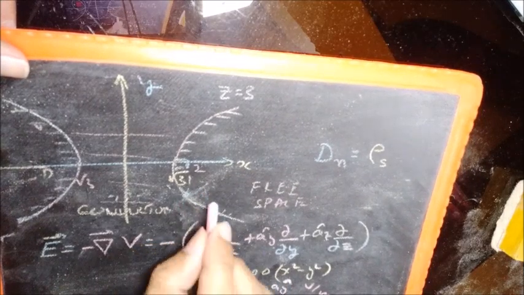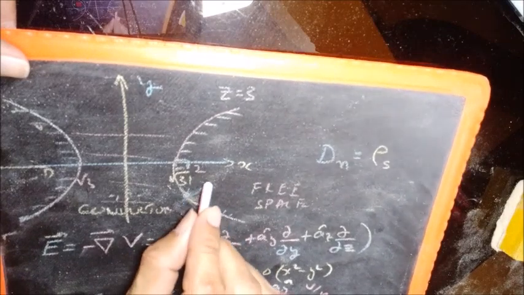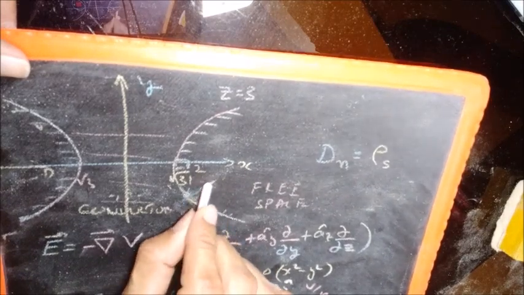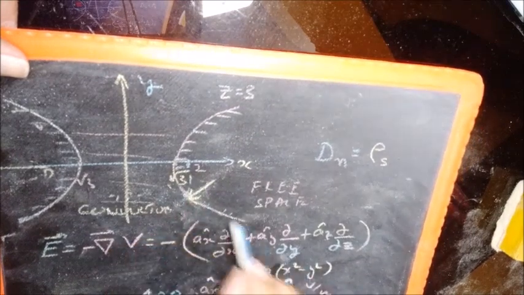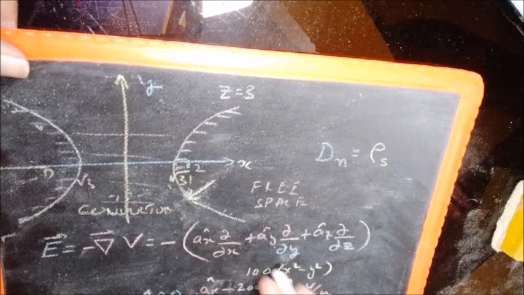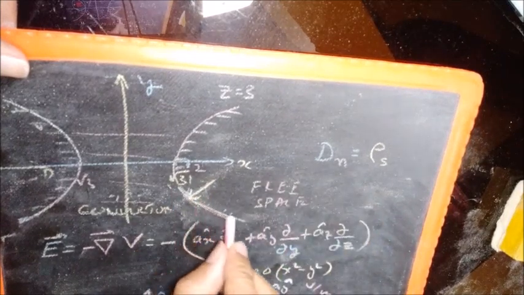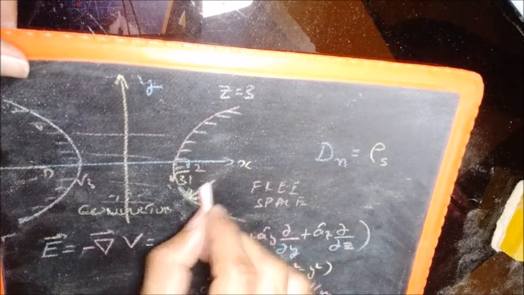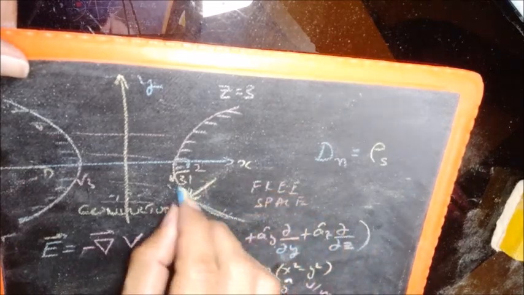But now what happens is, since this is conductor, you will not have field inside this. The field will still be in this direction, but there will be no field inside this, which means that D will be in this direction, and hence rho s will be a negative surface charge density, because the field is pointing into the charge density, which means that the rho s here will be the negative of this.